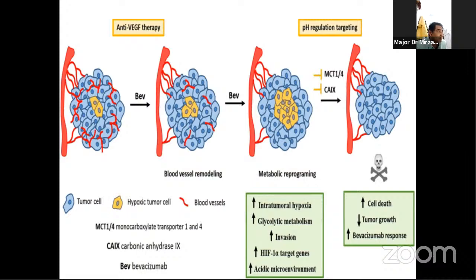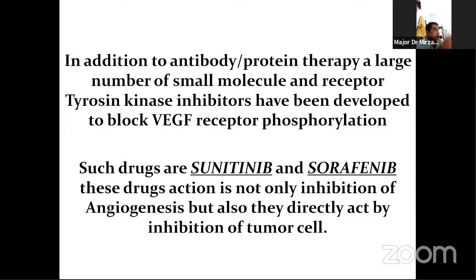In addition to antibody or protein therapy, a large number of small molecule receptor tyrosine kinase inhibitors have been developed to block vascular endothelial receptor phosphorylation, such as sunitinib and sorafenib. Drugs like sorafenib are used in metastatic renal cell or hepatocellular carcinoma.